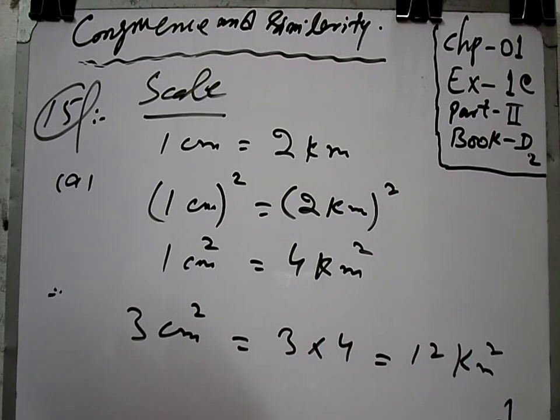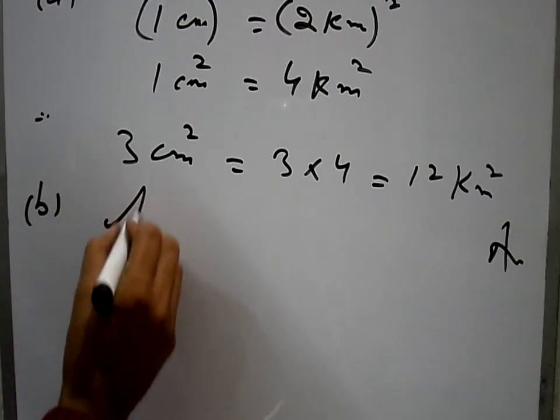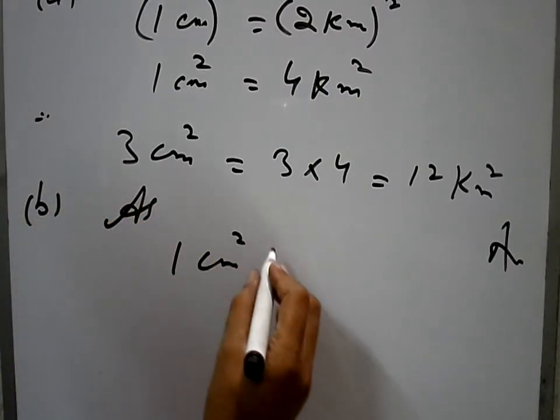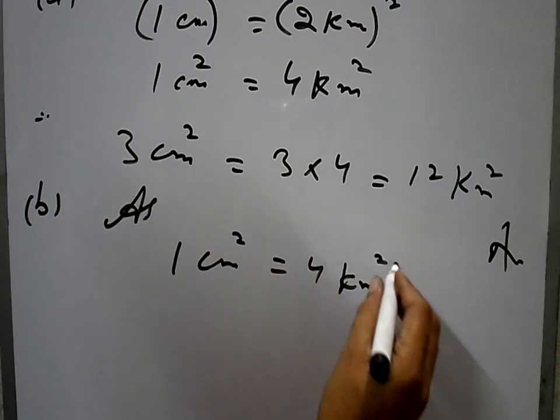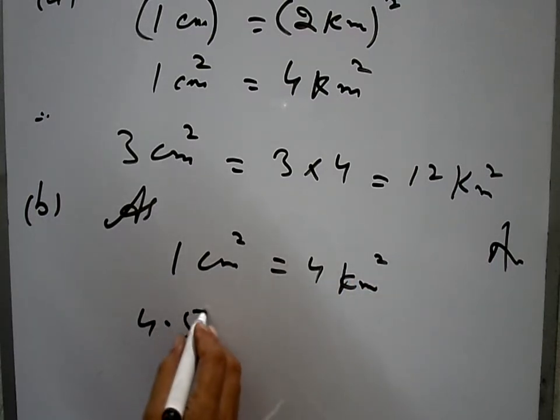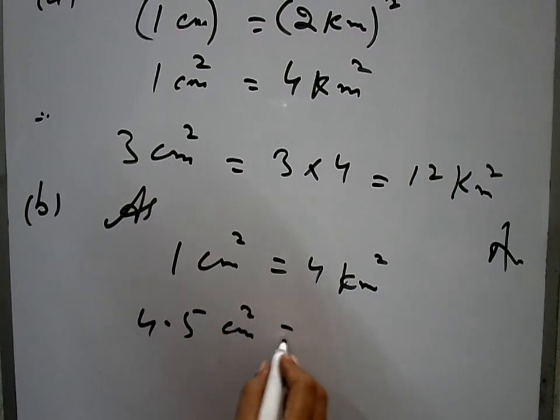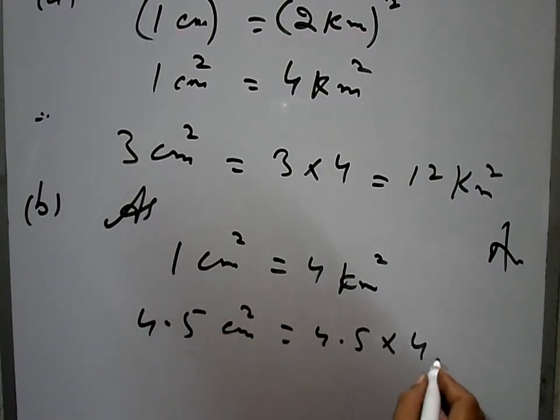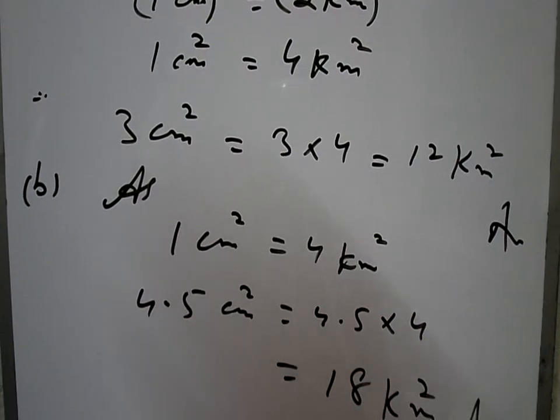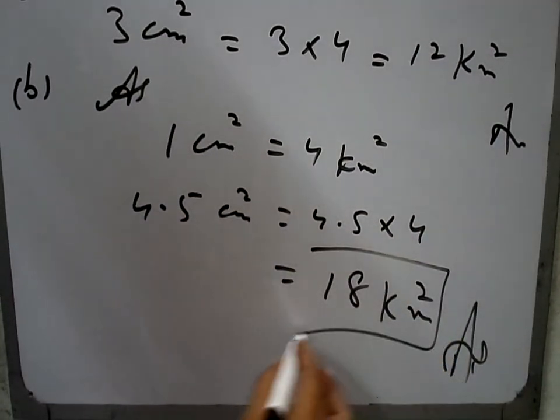Similarly in part B, as 1 centimeter square is equal to 4 kilometers square, 4.5 centimeters square is equal to 4.5 multiplied by 4, you will get 18 kilometers square area. So that is your required result.